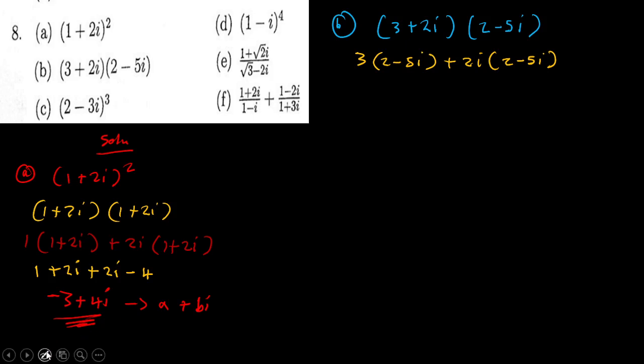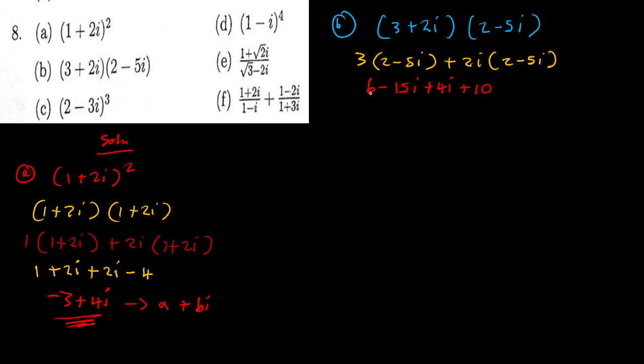Once I do that, I'll say 3 times 2 is 6, 3 times negative 5i is negative 15i, and then 2i times 2 is plus 4i, and then there you have 2i times negative 5. So i times i is negative 1. Negative 1 times that negative there is positive, so plus 10.